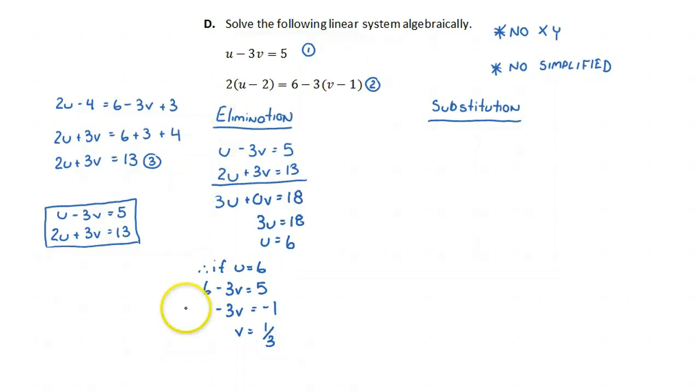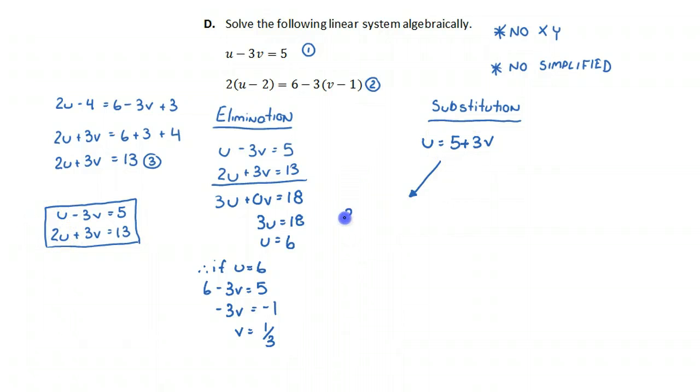So this is a process to solve using elimination. But another student might have said, well, look at that. The coefficient of the u in equation 1 here is 1. So therefore, I can very easily say u is equal to 5 plus 3v. Now that I've rearranged and isolated for u, I can substitute it into my other equation.